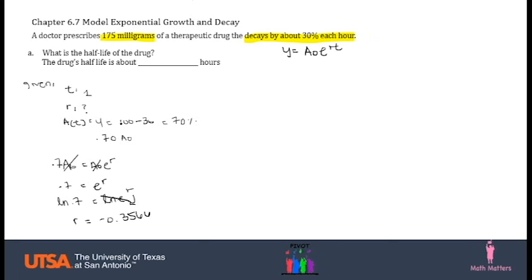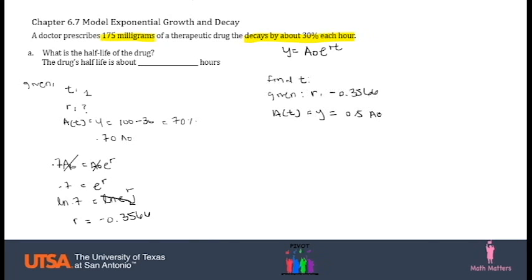Now we have to find the half-life time. So we're trying to find t. And then we're given r is negative 0.3566. And then the a of t, also the y, is going to be 0.5 of initial because that's asking for half-life.